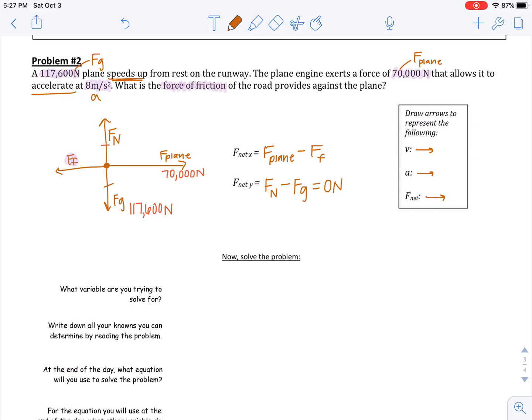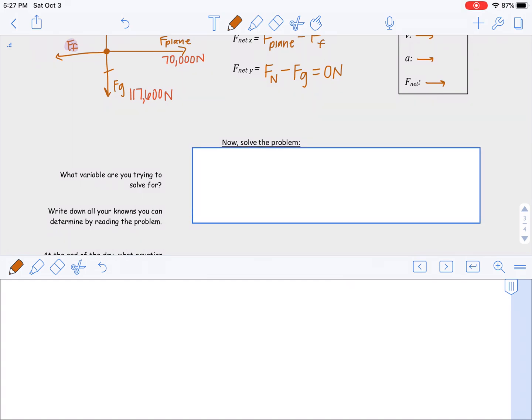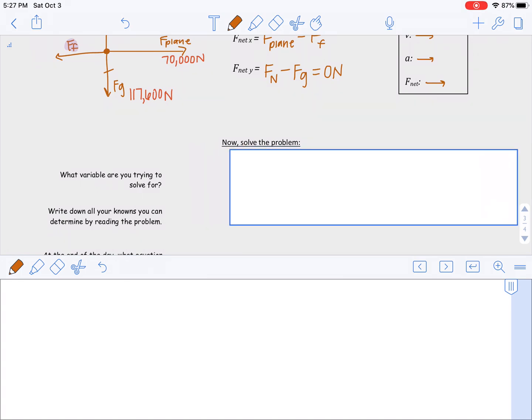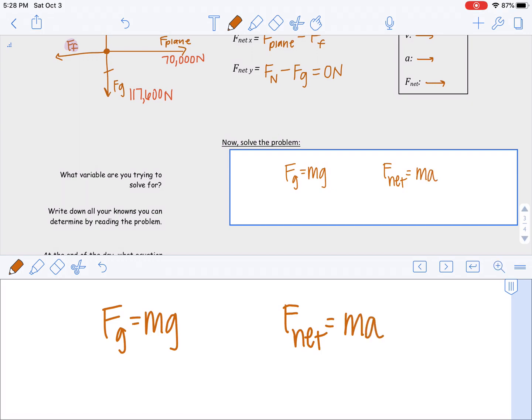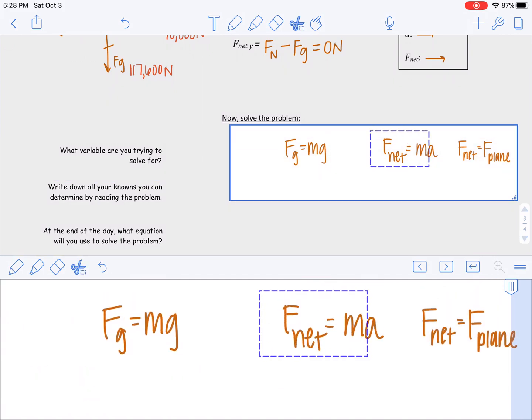So we have 3 equations that we potentially could use to solve this problem. And these are the 3 equations that you always potentially could use. I need a little bit more room.